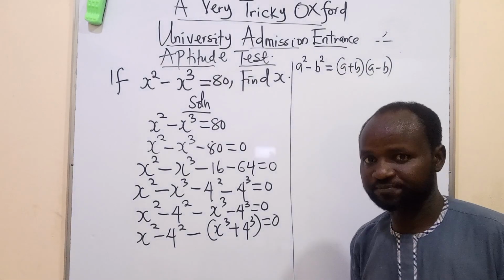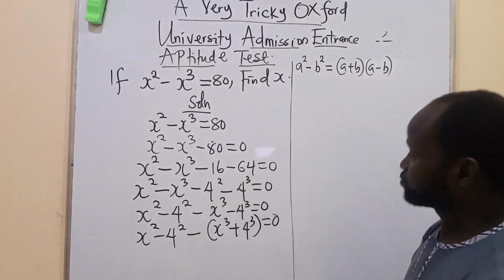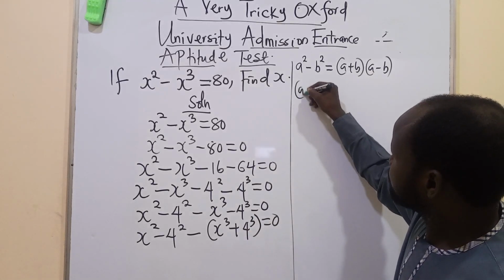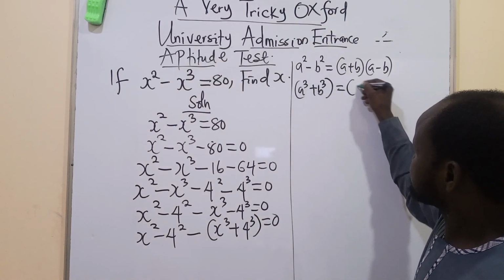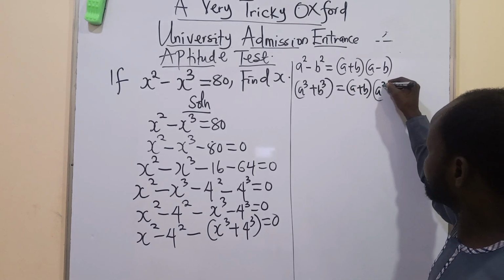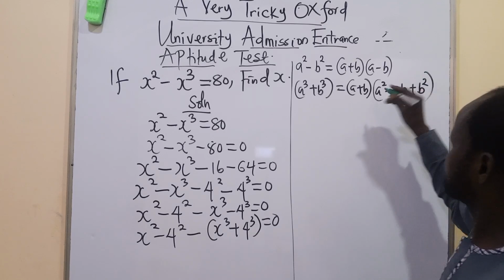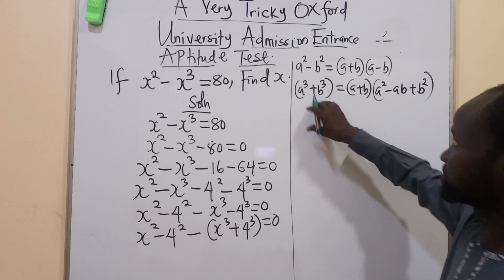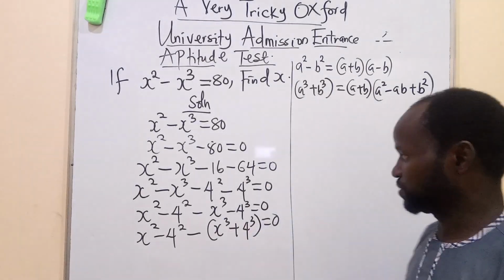This is an identity. Then the sum of two cubes, we have a cubed plus b cubed. This is a plus b in bracket, another bracket, a squared minus ab plus b squared. So this sum of two cubes is an identity too. So we need to use this to solve this problem.